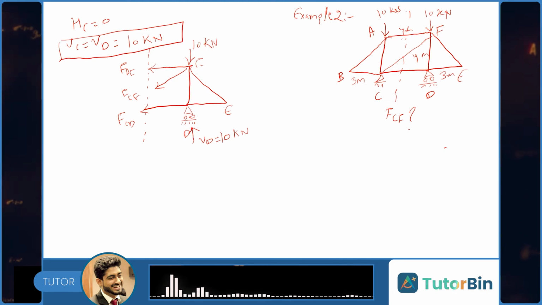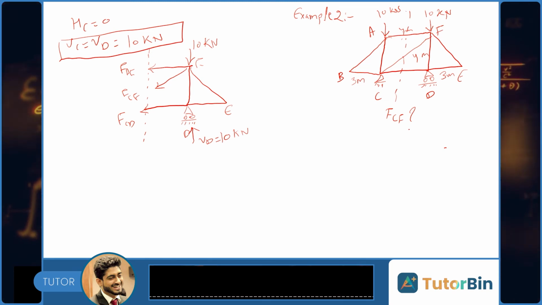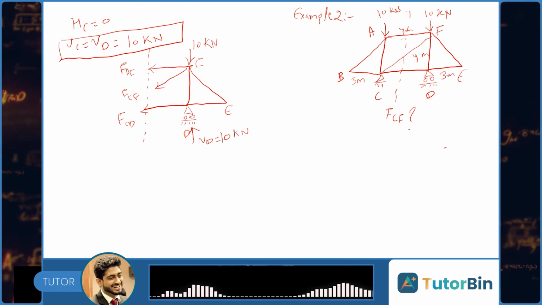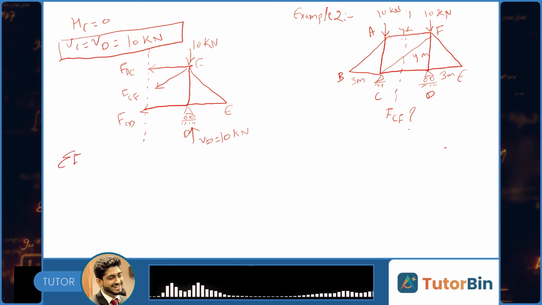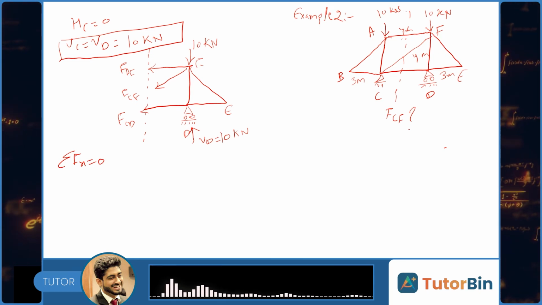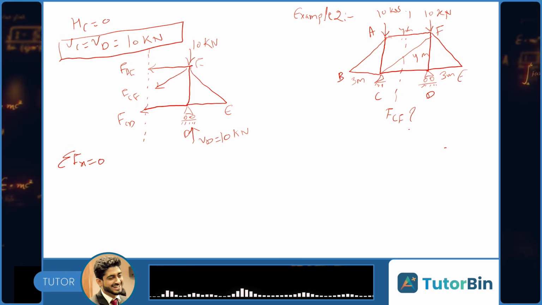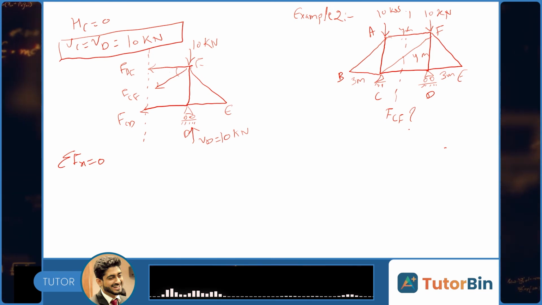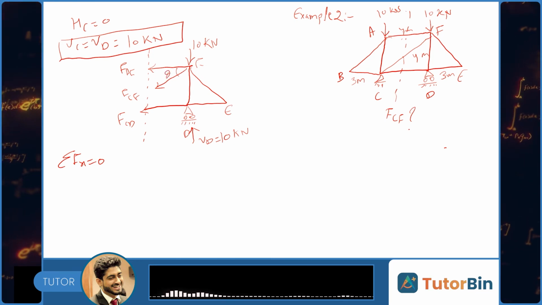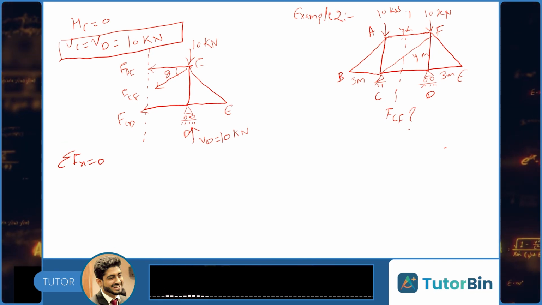So this is the right part of the section containing all the forces crossing this section, that is FCF, FAF and FCD. And now write the equilibrium equation of this part of the truss, that is right to the section, which is summation Fx equals to 0. Horizontal forces are FAF and component of this FCF, if I'm taking this as theta, FCF cos theta and FCD.